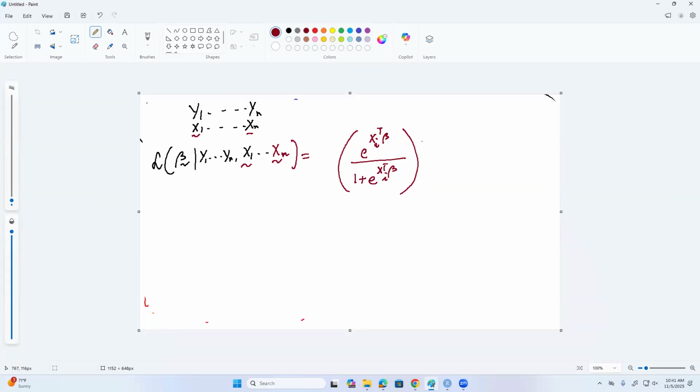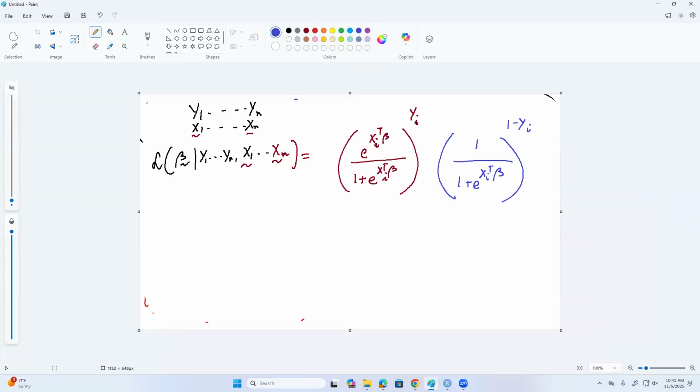So I write the success probability raised to the power yi, and the failure probability, which is 1 over 1 plus e to the power xi transpose beta, to the power 1 minus yi.